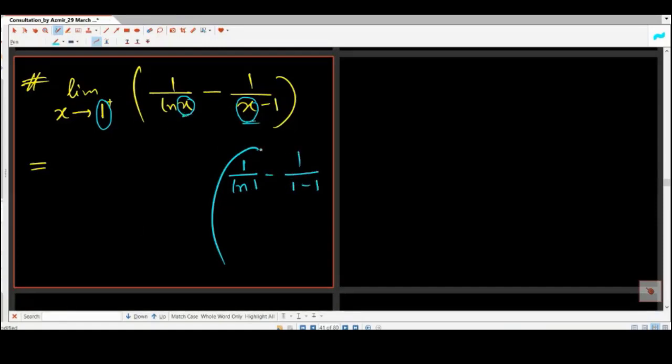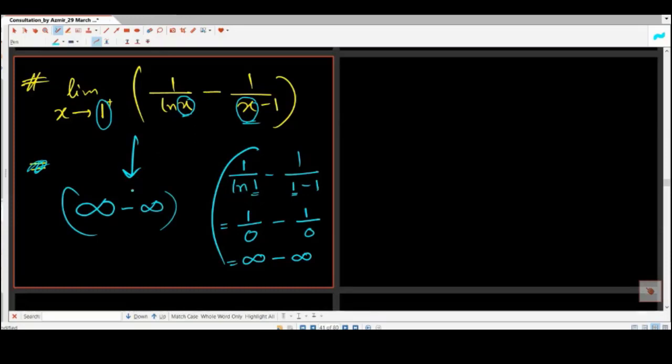Where we have x, I have just plugged in the value of x as 1. 1 over natural log of 1 is 1 over 0, which is infinity. Minus 1 over 0 is also infinity. So the problem we have here is of infinity, negative infinity type.